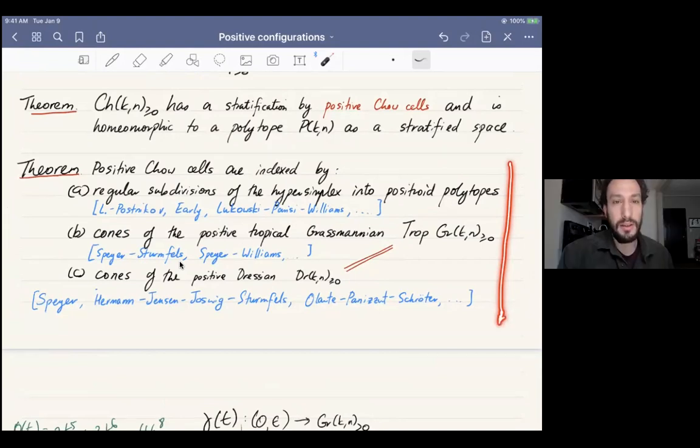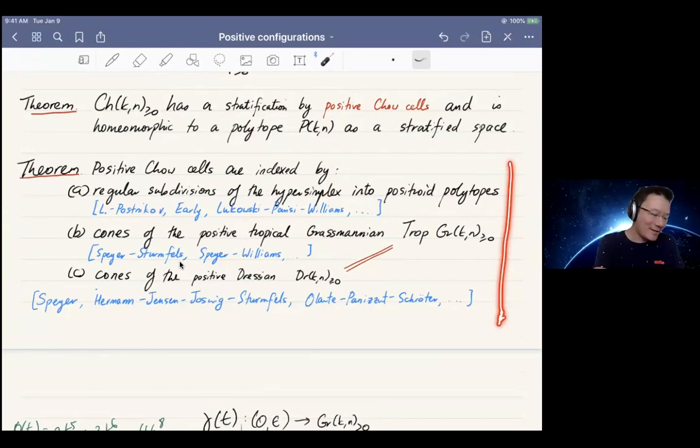In the other case, we know that the whole Chow quotient corresponds to regular subdivisions of the hypersimplex into matroid polytopes, but not all of them. First of all, the matroids have to be realizable, but there are additional constraints, and it's sort of another kind of realizability, a decomposition that's realizable as well.